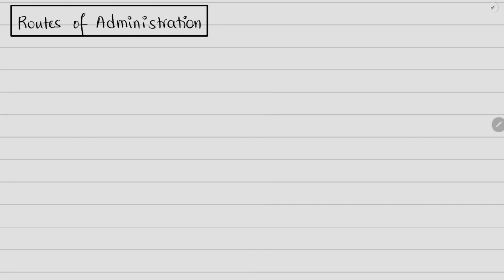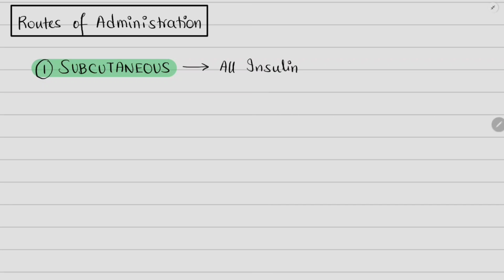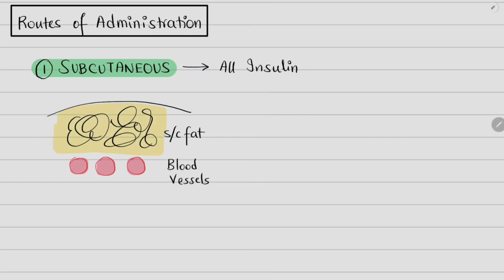Now let's study the various routes of administration of insulin. So the number one, very first route of insulin administration is subcutaneous route. All types of insulin can be administered in this route. So the diagram is roughly this. Subcutaneous fat is the fat consisting just below the layer of the skin, and under the subcutaneous fat there are blood vessels.